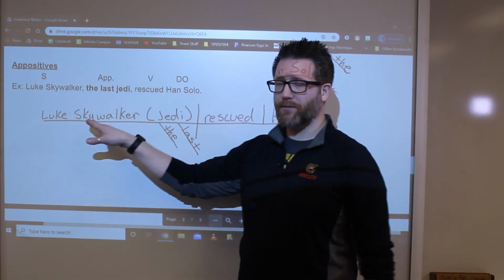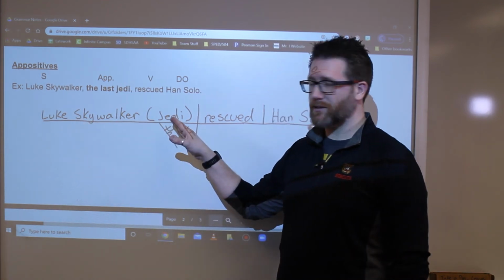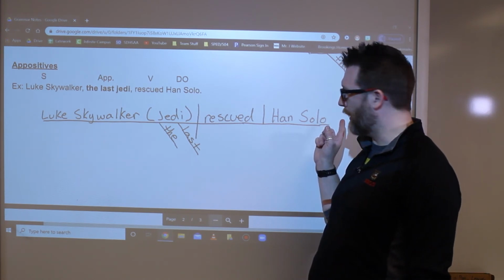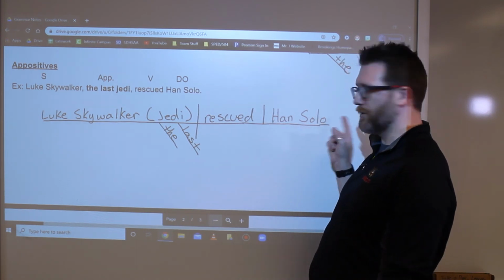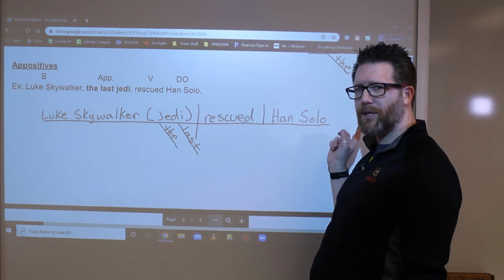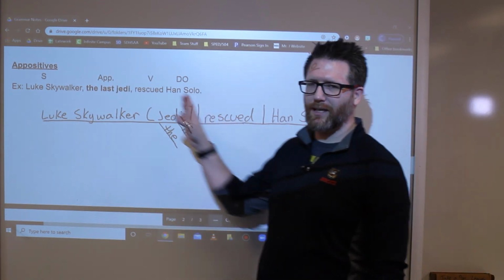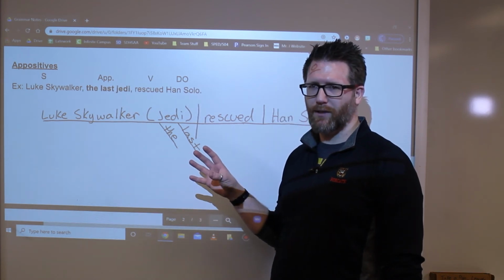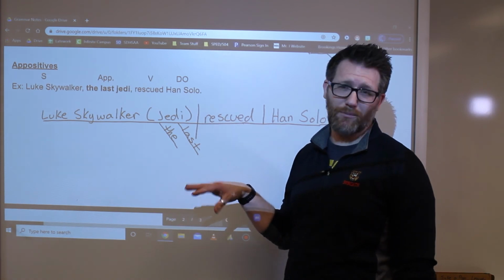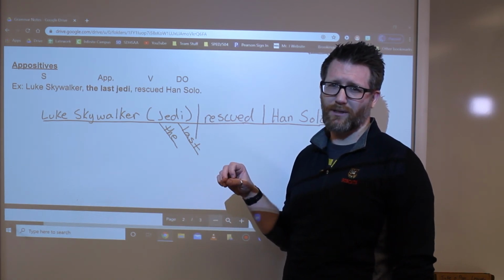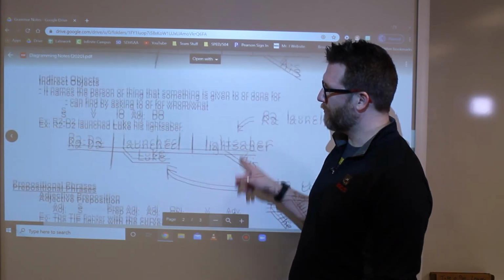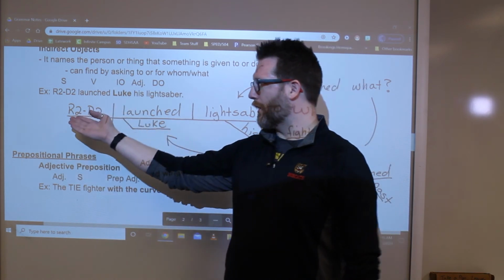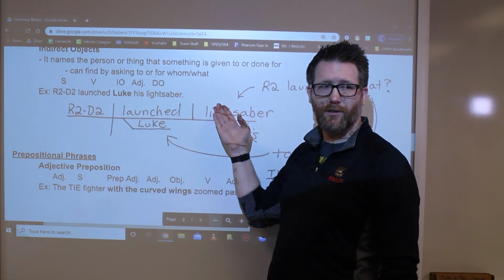And it doesn't just have to be the subject. This appositive could be over here describing Han Solo. If it were Han Solo, the smuggler, that would be an appositive over here. Basically any noun or pronoun can have an appositive. You could even have an indirect object with an appositive on it too. Like if we went way back and said R2-D2 launched the lightsaber to whom?